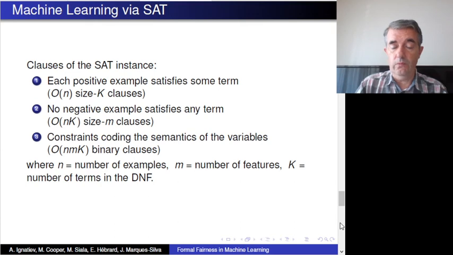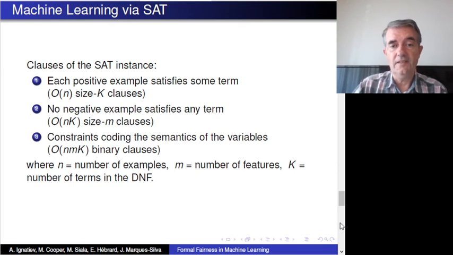And then there are clauses in our SAT instance to impose constraints such as each positive example satisfies some term, no negative example satisfies any term, and then certain constraints to code the semantics of the variables.